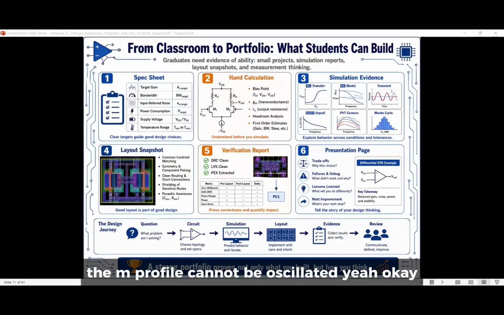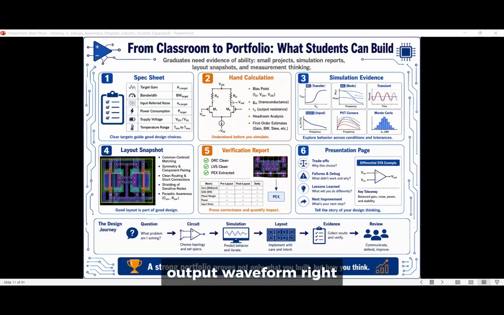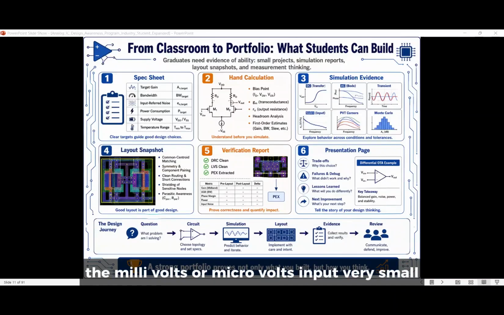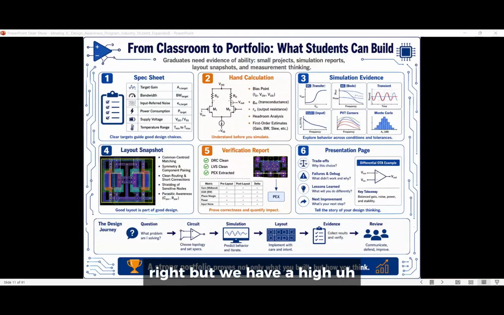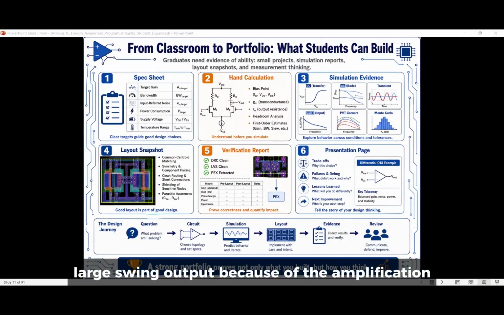Okay, so we can also observe other waveforms like the transient. Transient is a very direct way to help us observe the input-output waveform, right? So we have a very small input signal, for example millivolts or microvolts, very small, right? But we have a large swing output because of the amplification.